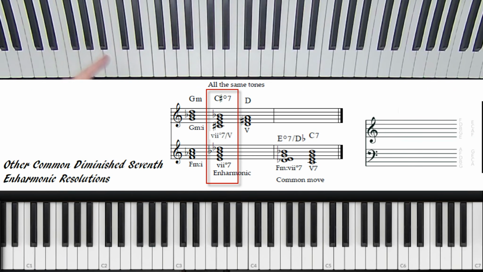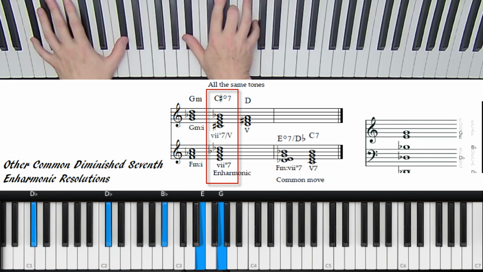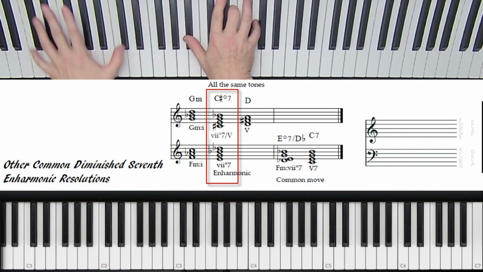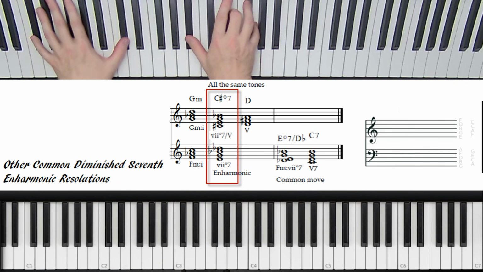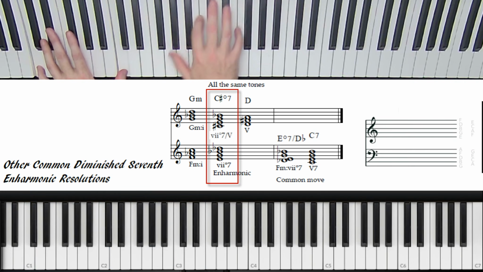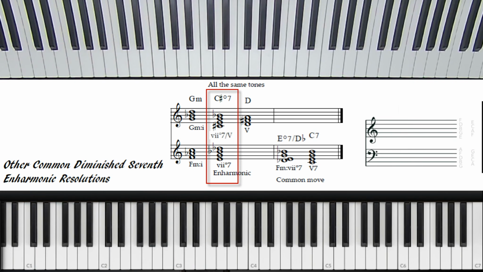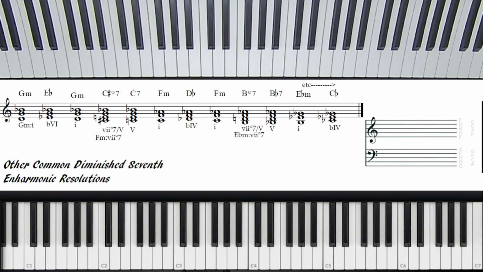That would be using just diatonic chords in F minor. And you just move one tone from that fully diminished seventh, you get the dominant seventh. Very typical use of the fully diminished seventh in key is to go to the dominant. It's one of the typical moves.